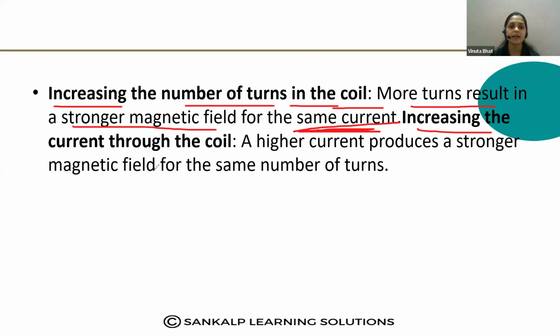And increasing the current through the coil: a higher current produces a stronger magnetic field for the same number of turns. Means more current passes through the coil, it produces a stronger magnetic field. So these are the two methods of increasing the magnetic field in a solenoid.